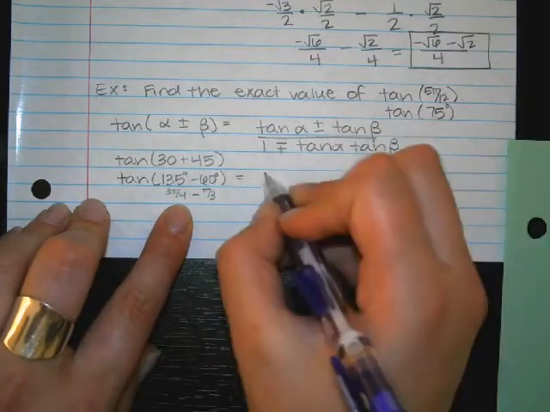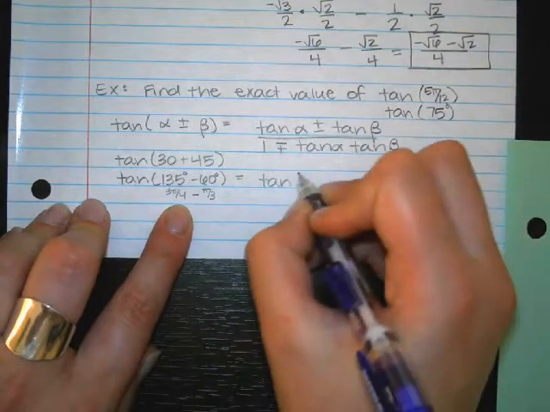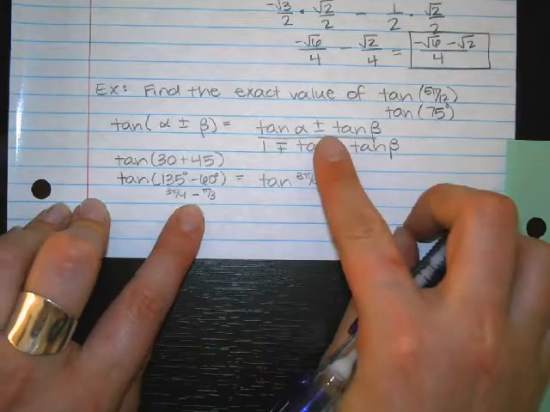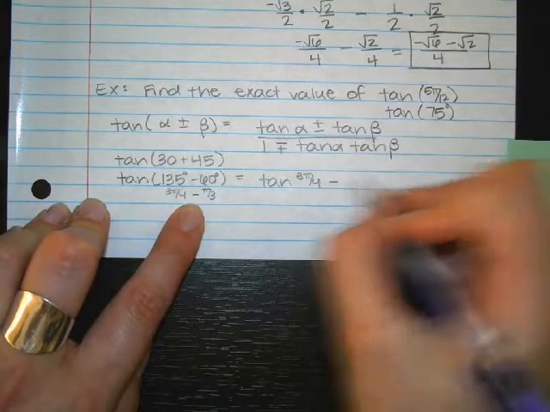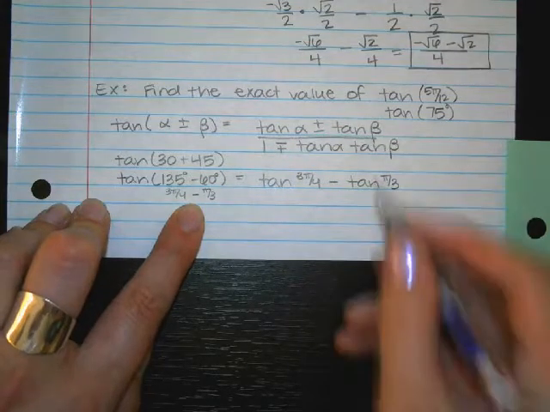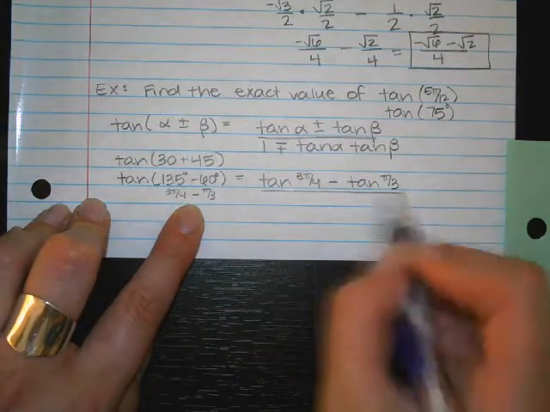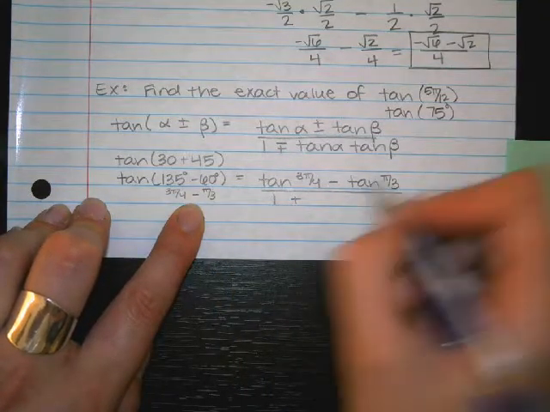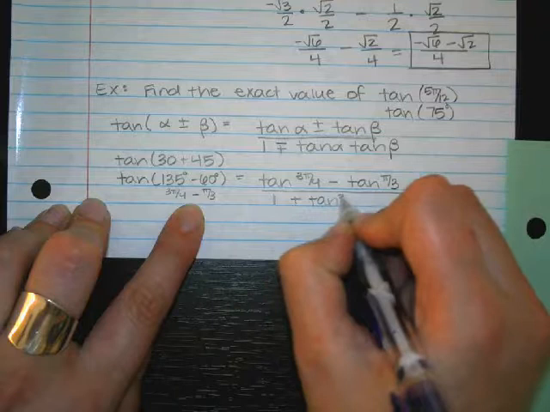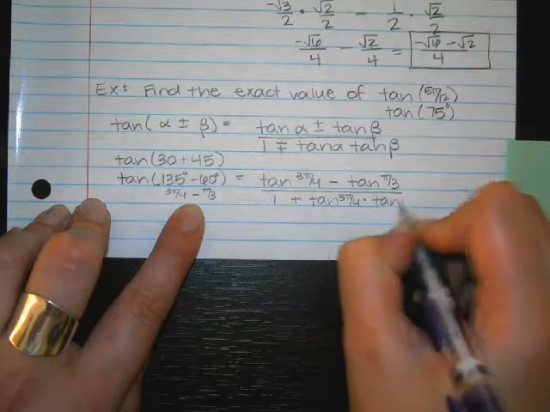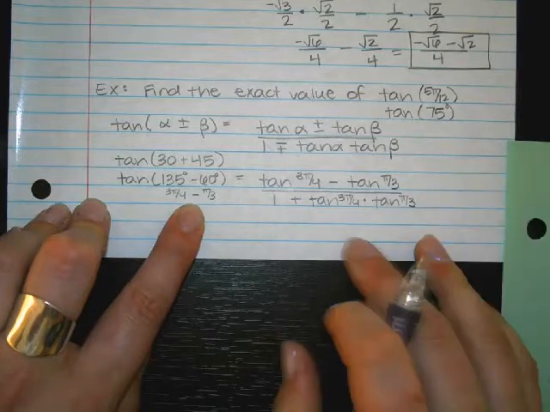So that gives us tan of 3 pi fourths, we do the same sign on the top, so minus tan of pi thirds, divided by 1 plus tan of 3 pi fourths times tan of pi thirds.